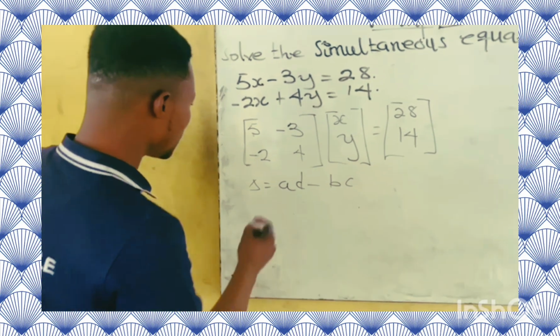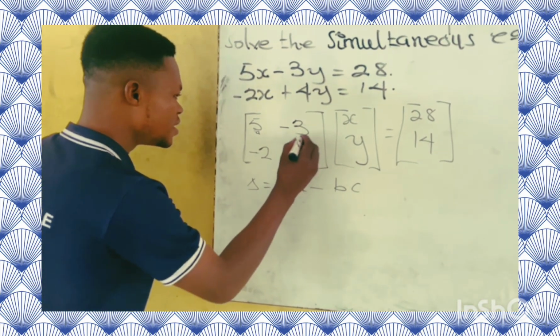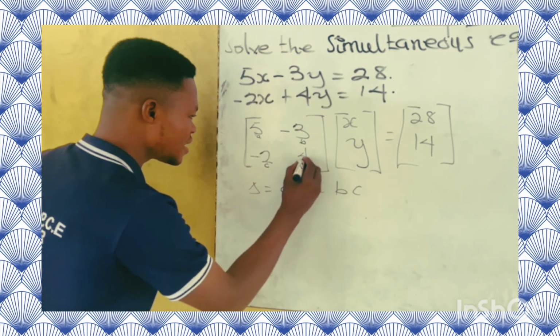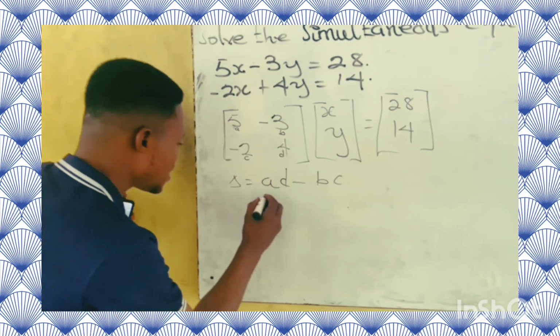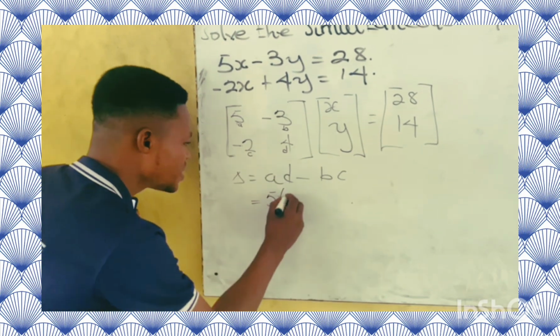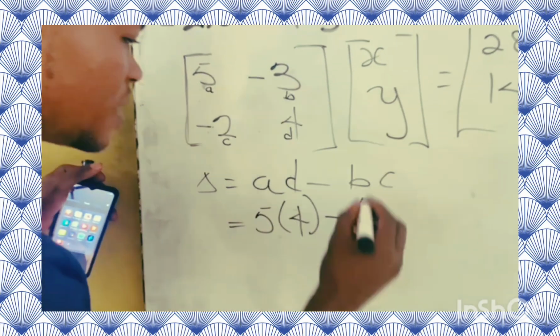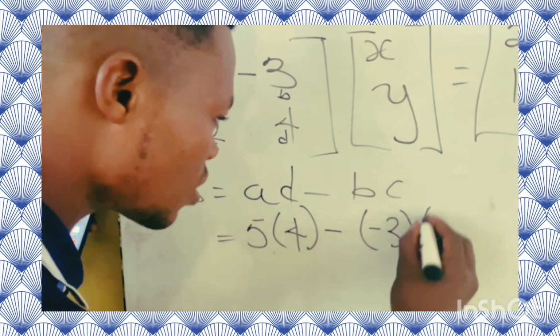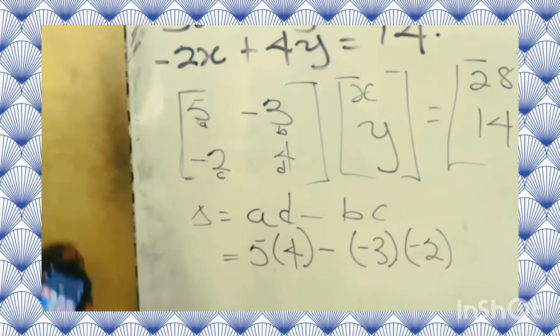Here a is 5 multiplying d, which is 4, minus b, which is negative 3, multiplying c, which is negative 2.